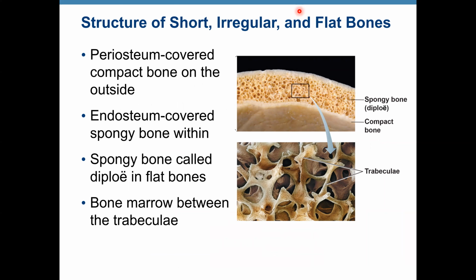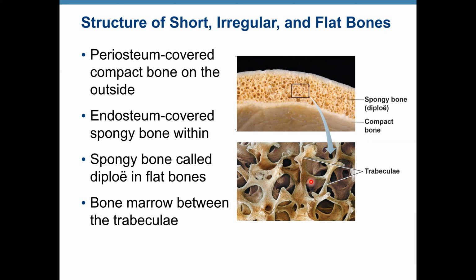Now, if we're talking about short, irregular, or flat bones, this is how they would look. Periosteum covers compact bone on the outside, and endosteum covers the spongy bone inside. Spongy bone in flat bones is called diploë.